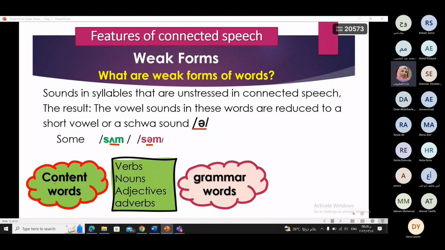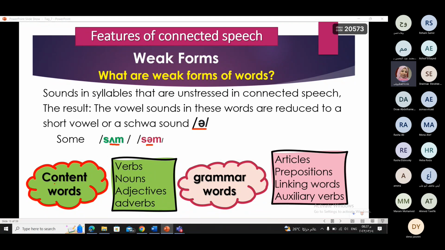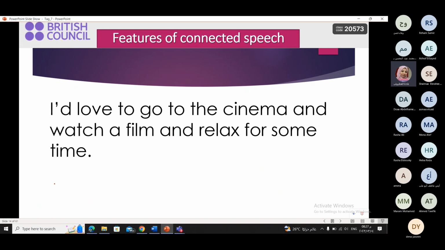But on the other hand, the grammar words or function words must be in the weak form, because they don't carry any meaning or information, like the articles, the prepositions, the linking words, and the positive auxiliary verbs.